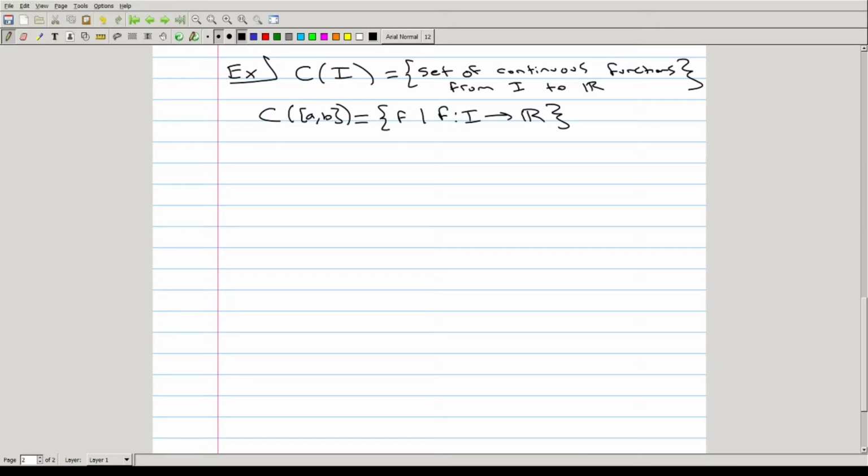So for instance, let's assume that f and g are two elements of the set of continuous functions from the interval from A to B. We know that f plus g, defined as f of x plus g of x, is going to be continuous because f and g are both continuous functions.